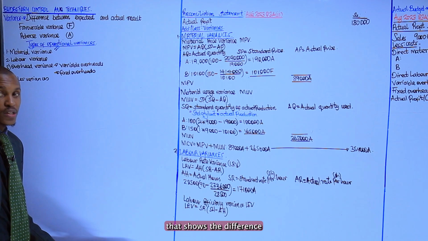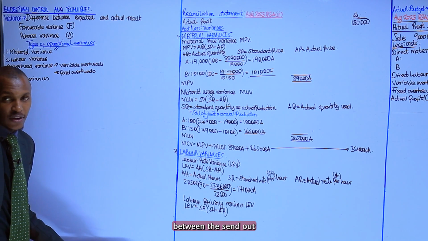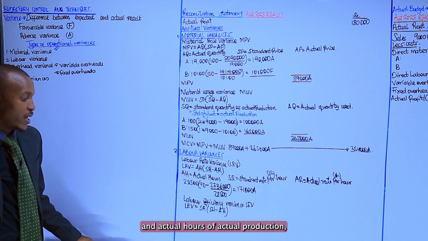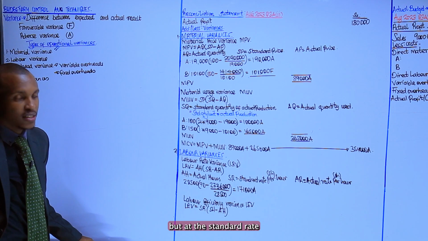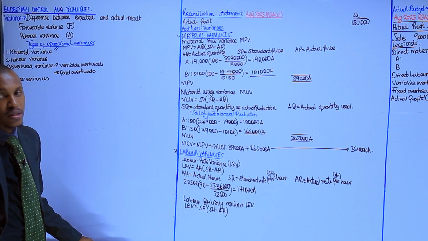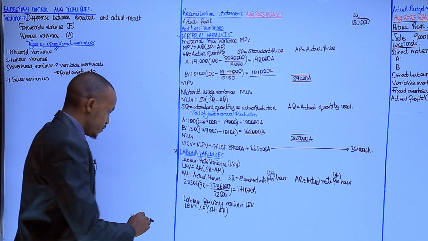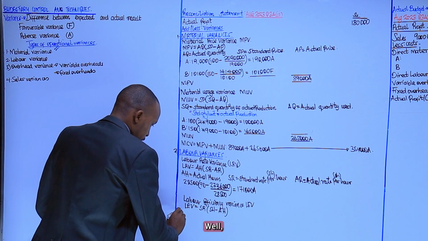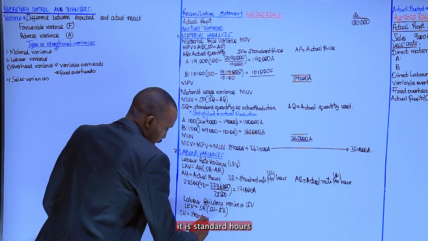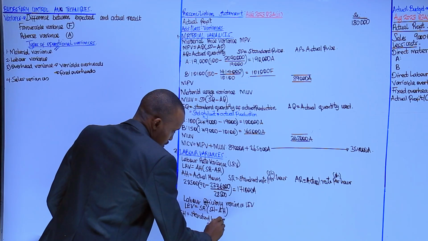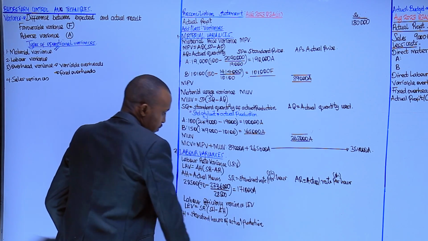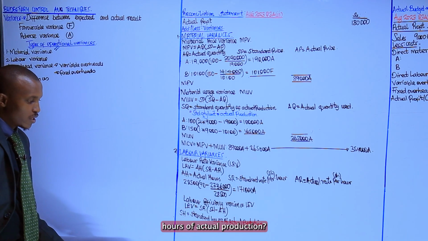It is a variance that shows the difference between the standard hours of actual production and actual hours of actual production, at the standard rate. Basically it shows you the difference in hours that were worked, where your standard hours are the standard hours of actual production.